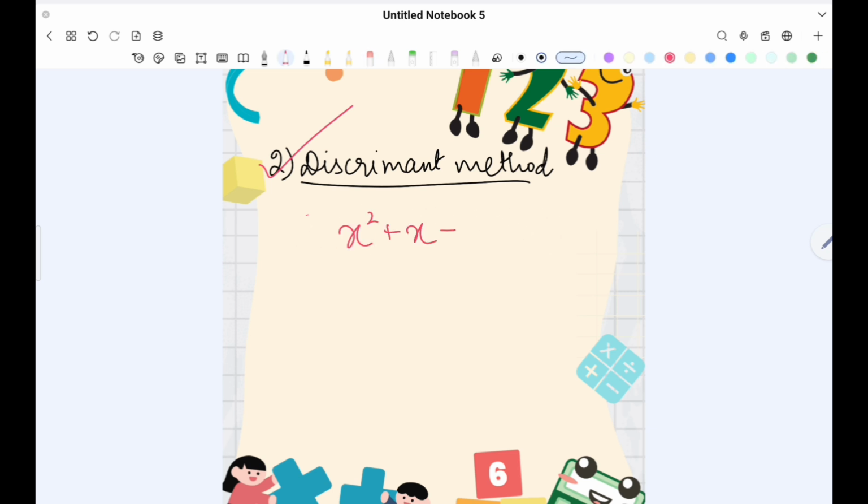Now let us solve using discriminant method. We know that the coefficient of x square is a, the coefficient of x is b and the constant is c.